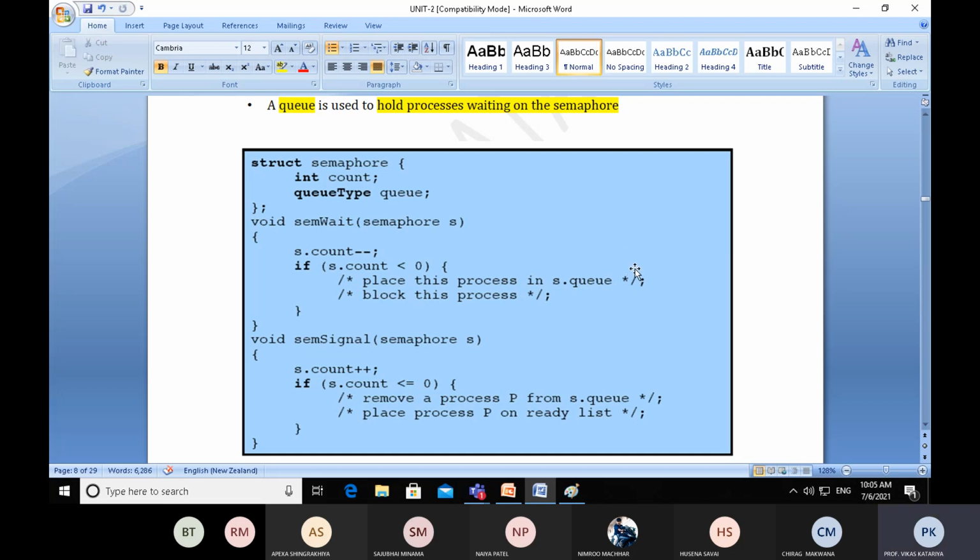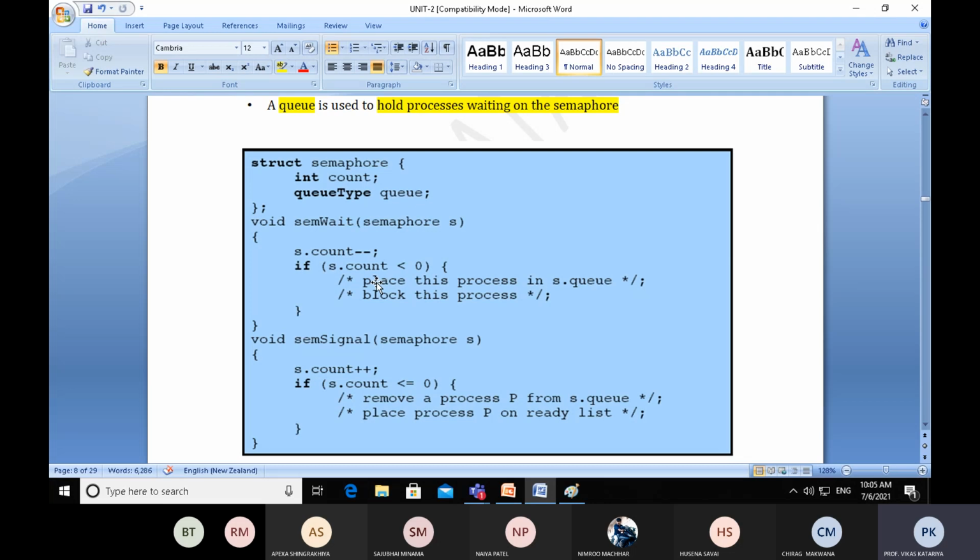Now somehow we have to give wake up calls to the waiting state for completing execution. So wake up calls are given by a different procedure. Right now we are putting the process into the blocked state.